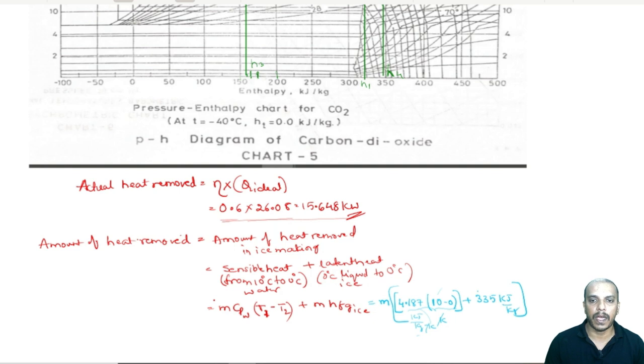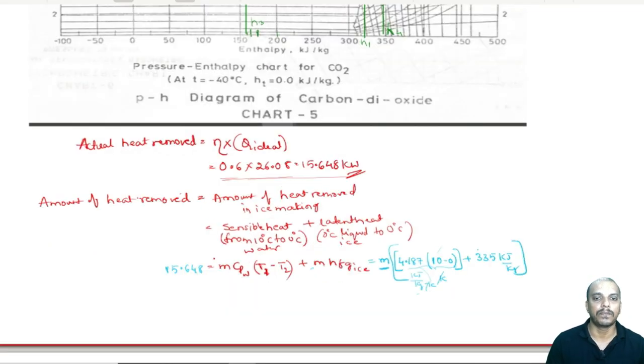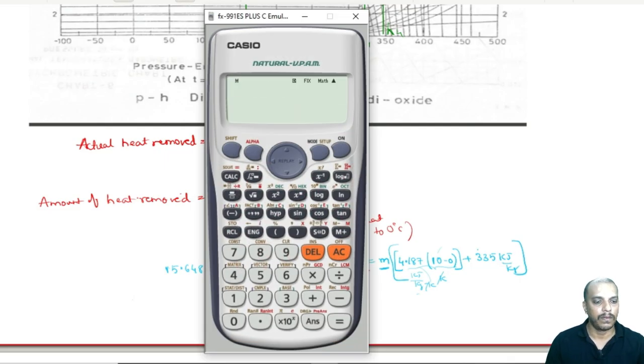Now on this side we have 15.648 in kilowatt, and this must give us the mass. Now let us solve this equation. 4.187 into 10 is 41.87.